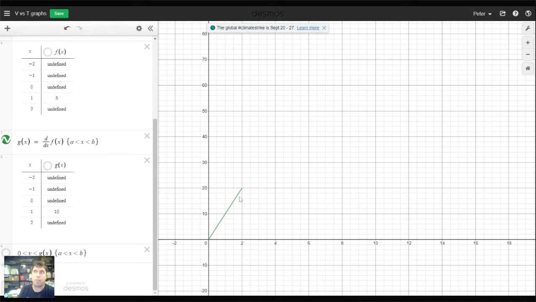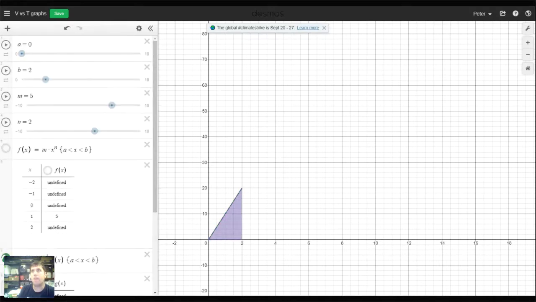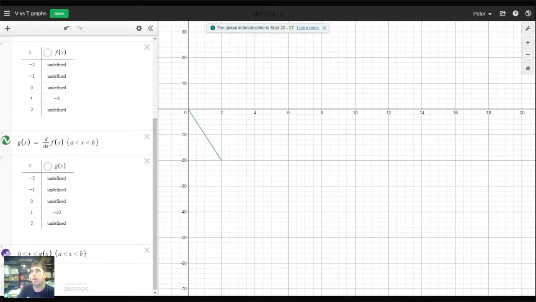It can be going up, and we would call that a positive area, or if my graph goes below the axis, that would be a negative area. I just have to change my signs, because that was only for positive. So if I spin this around, we would end up with a negative area there as well. On a velocity time graph, this area represents the distance that you have traveled.